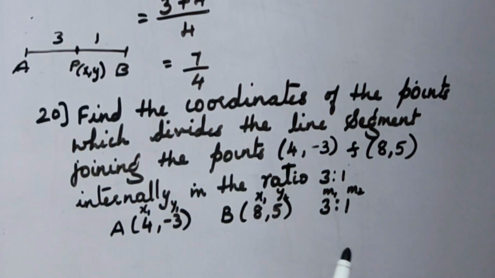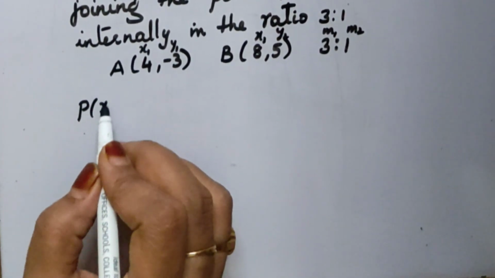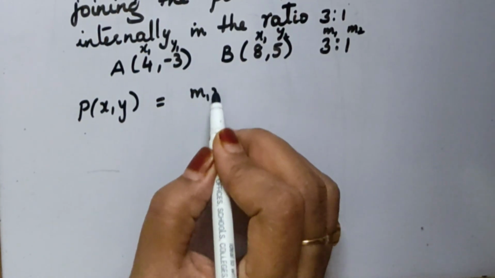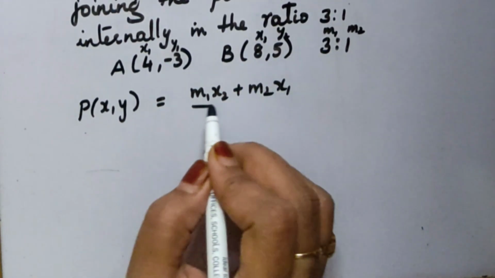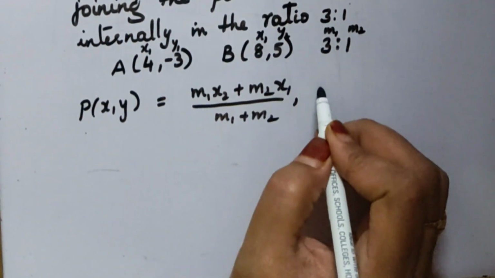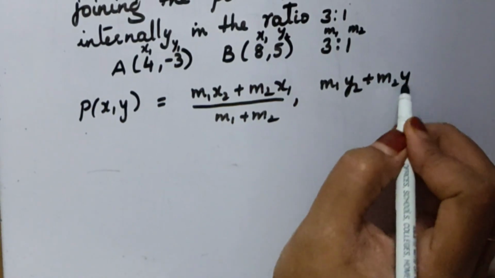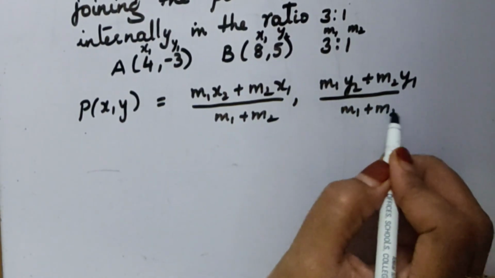Now let us write the section formula: P(x, y) equals (m1 x2 plus m2 x1) upon (m1 plus m2), comma (m1 y2 plus m2 y1) upon (m1 plus m2).